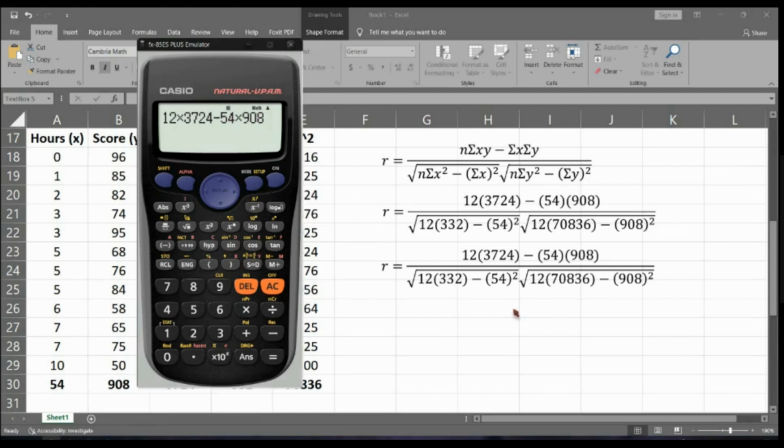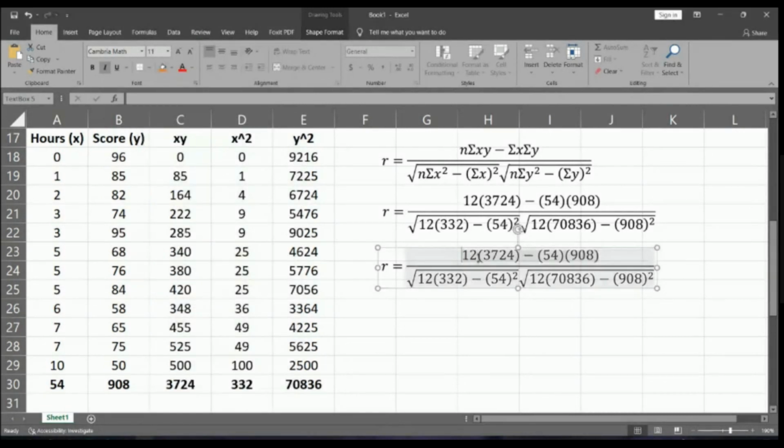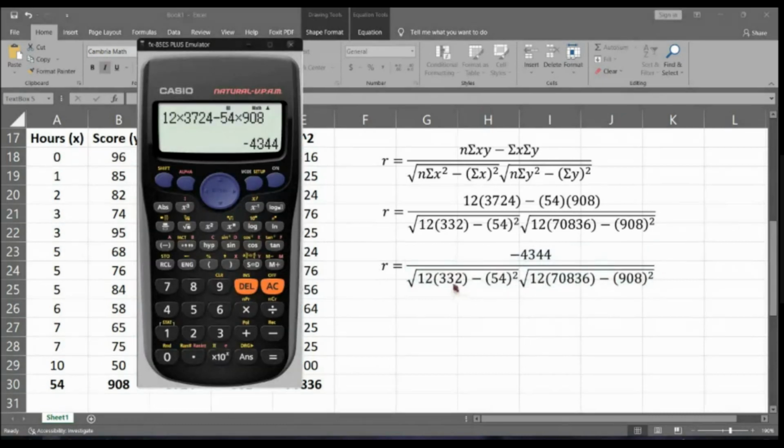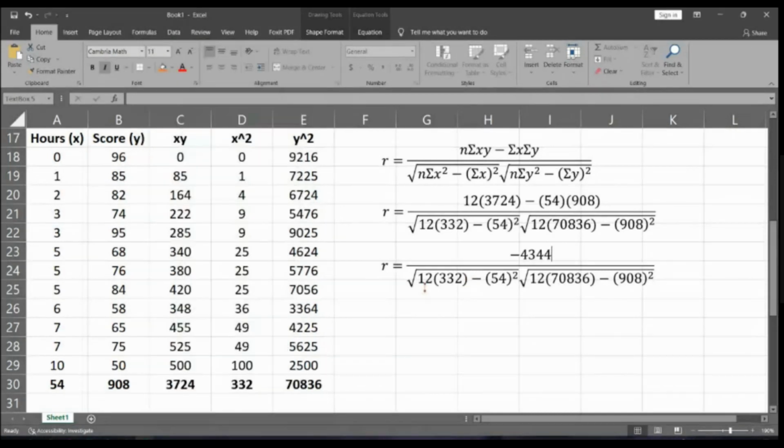And then that's it. Result is negative 4344. Negative 4344. Okay, done with the numerator. The first radical, we have 12 times 332 minus 54 squared. 54 squared is 1068.